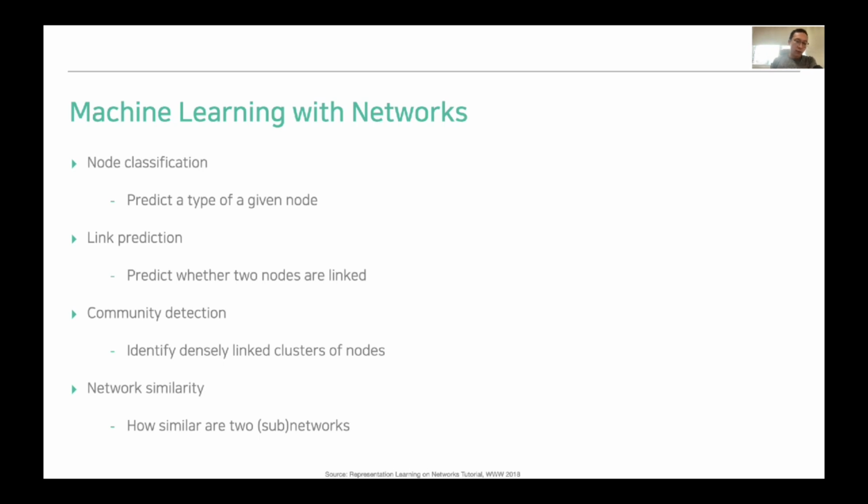For the third example, community detection, we can identify densely linked clusters of nodes. Particularly it is useful when the labels are not available, right? Getting labels is always very expensive. We need to understand the node.